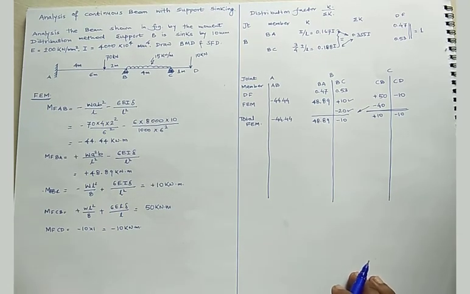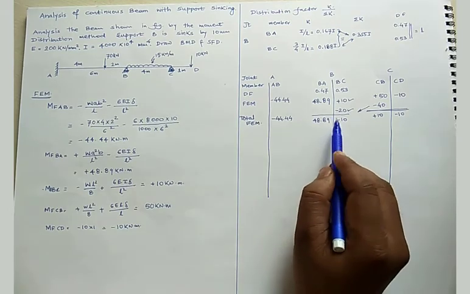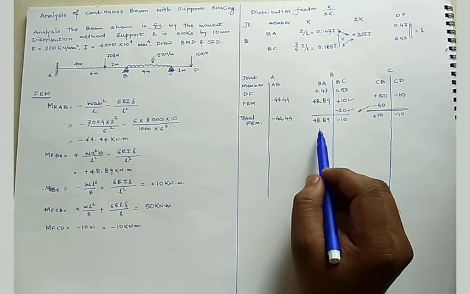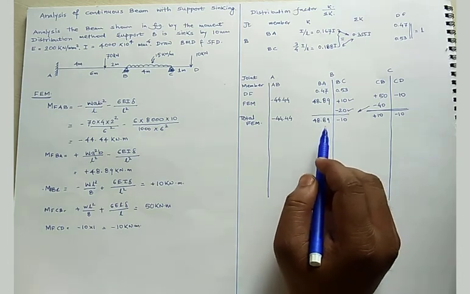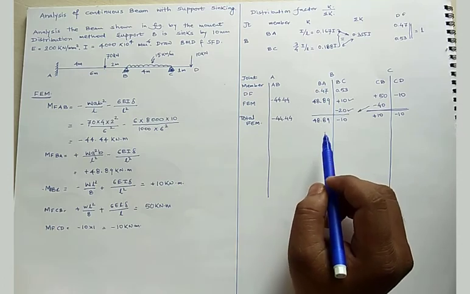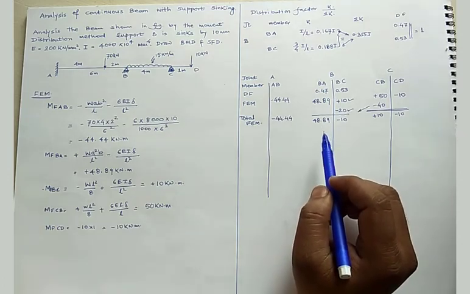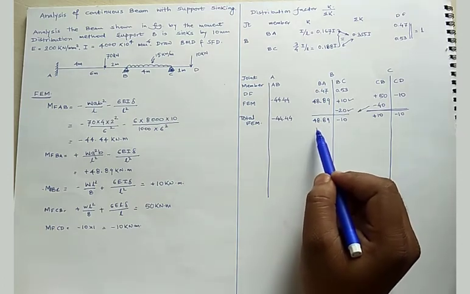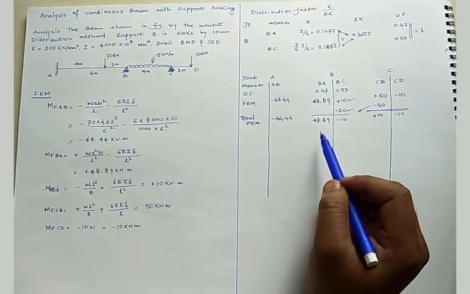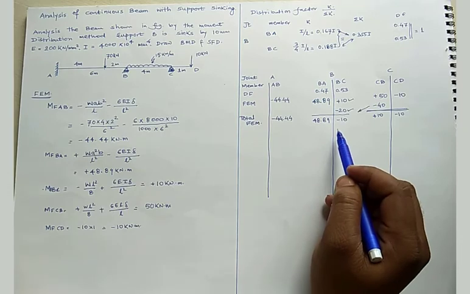Now we have to balance the moment at joint B. So in the calculator we will take the value of moment BA and BC. BA has the moment 48.89 and BC has the value of minus 10.